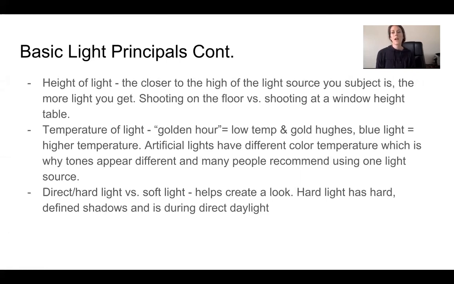So in the middle of the day when there's a lot of direct light, the light is at a higher temperature, which is like a blue light tone. So that's why when you're doing natural light, you get a lot of different tones depending on the time of day that you shoot. And if you guys are here, you might be wondering how you do artificial light. And artificial light, obviously the color temperature doesn't really change unless you manipulate something.